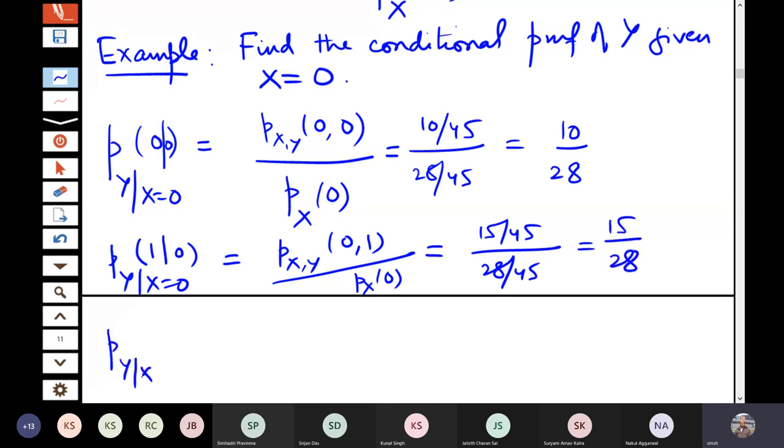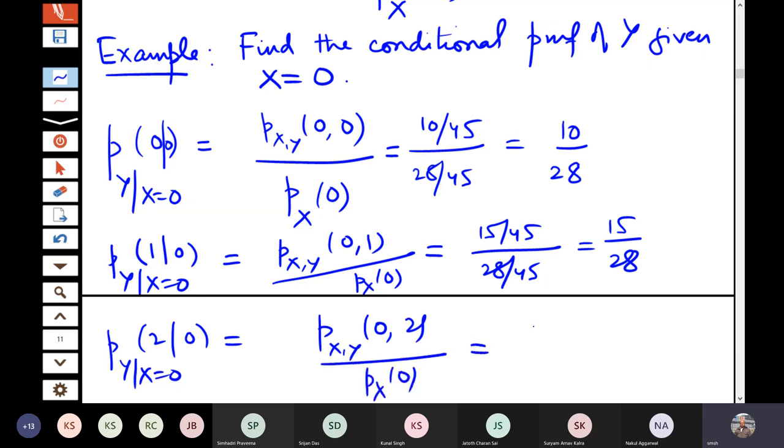And the probability of y is equal to 2 given that x equal to 0, that is P_XY(0,2) divided by P_X(0), that will become 3 by 45 divided by 28 by 45, that is 3 by 28. You can easily see that this is a valid distribution, 10 by 28 plus 15 by 28 plus 3 by 28, the sum is equal to 1.